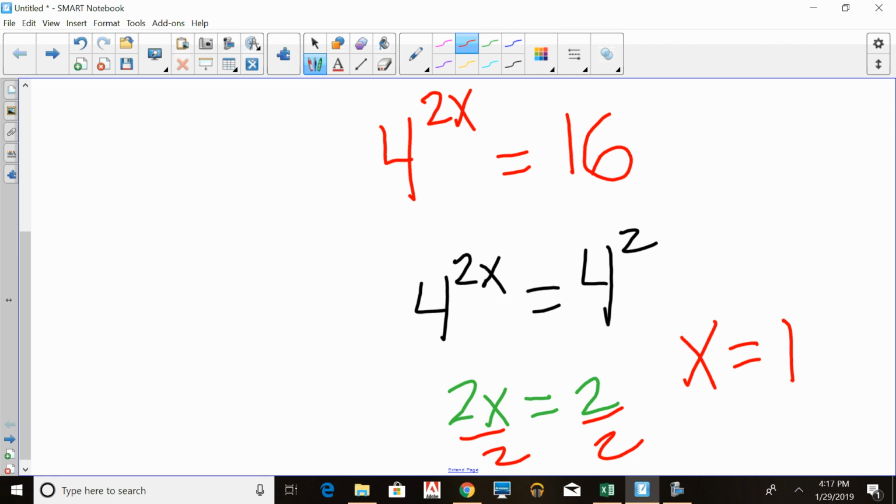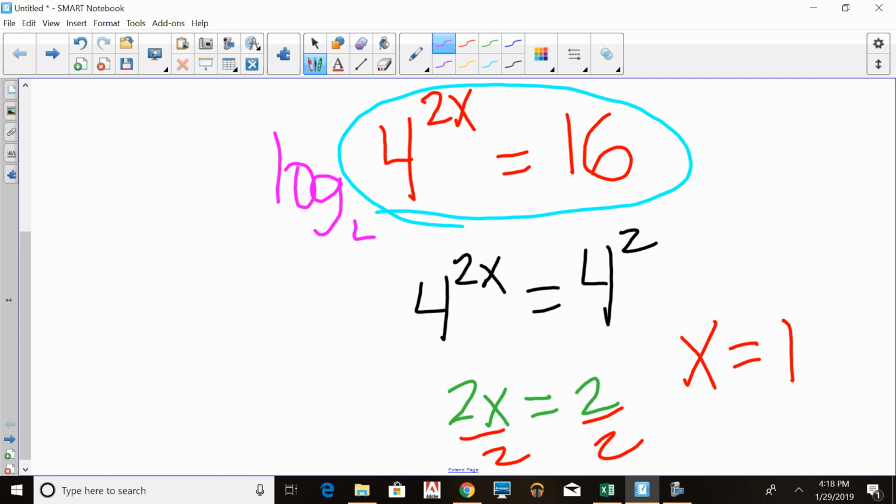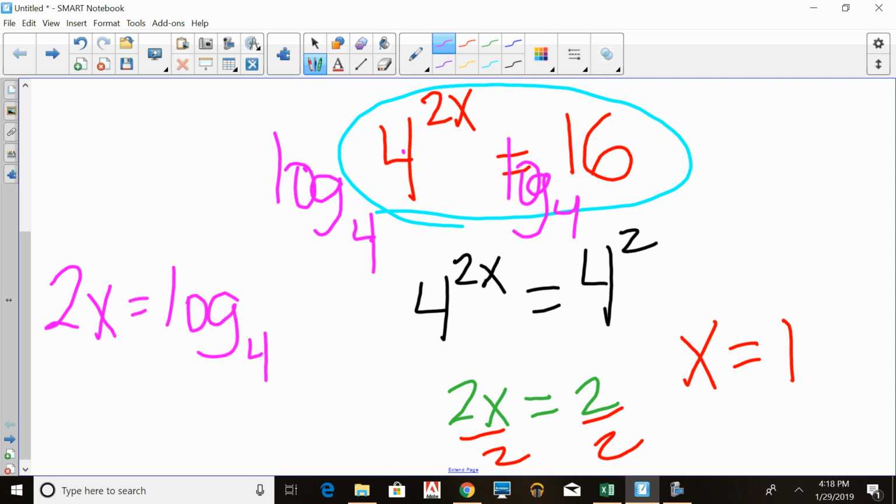Now when you get to this point, if you did not want to write 4 squared for 16, you could put a log base 4 on both sides. Then log base 4 of 4 goes away and you get 2x equals log base 4 of 16.